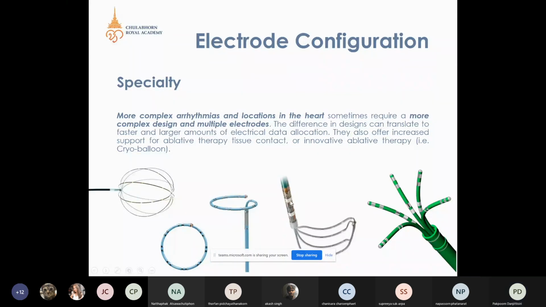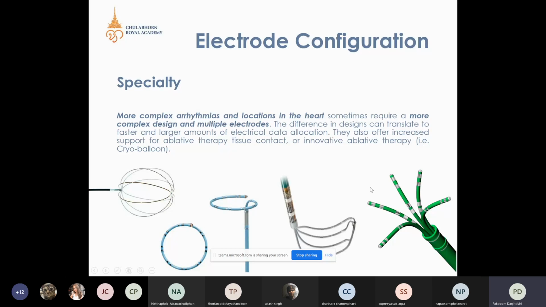HD Grid is a mapping catheter of Abbott or St. Jude. This catheter is used to acquire the electrical signal inside the heart chamber, to make it faster, with larger amounts of electrical data acquisition.